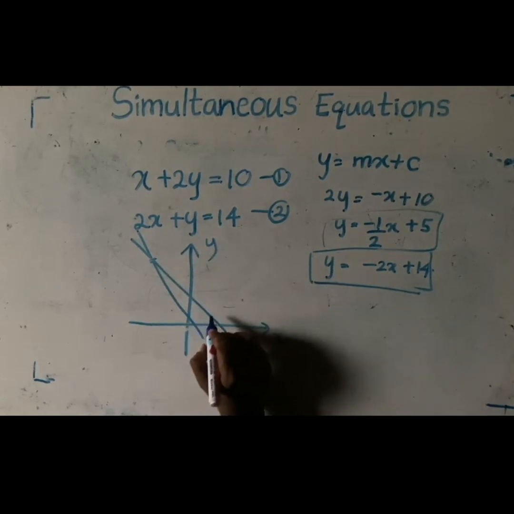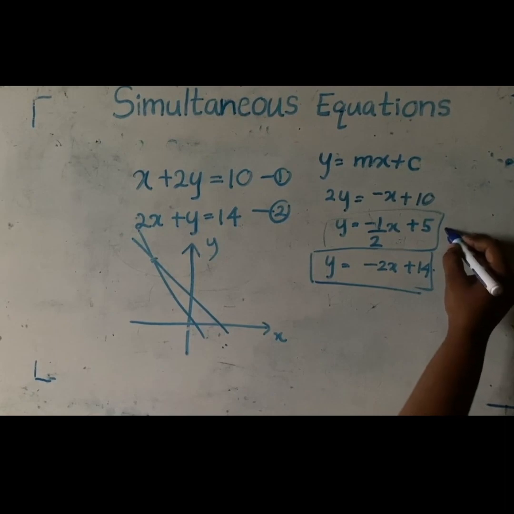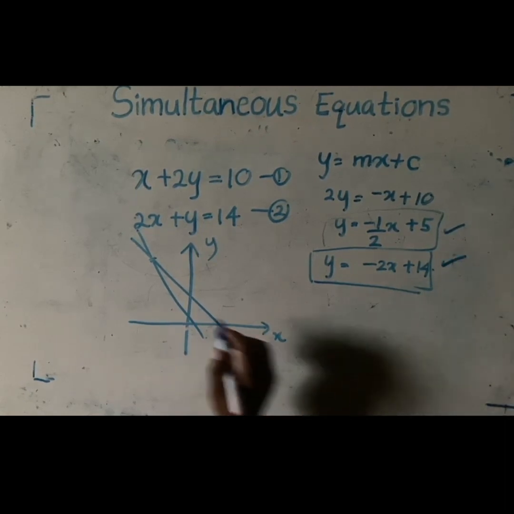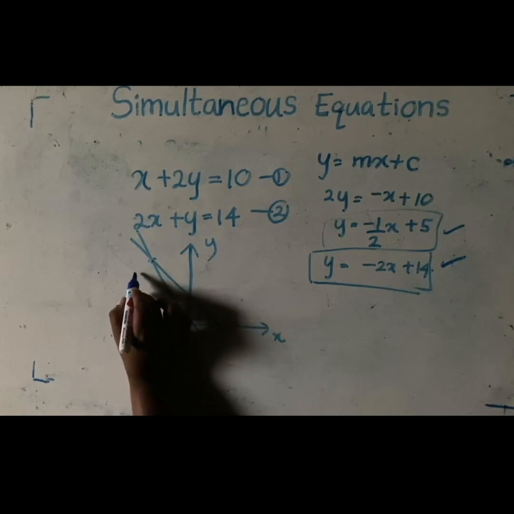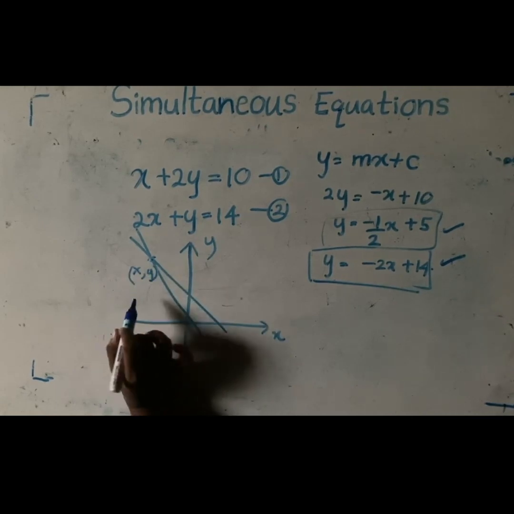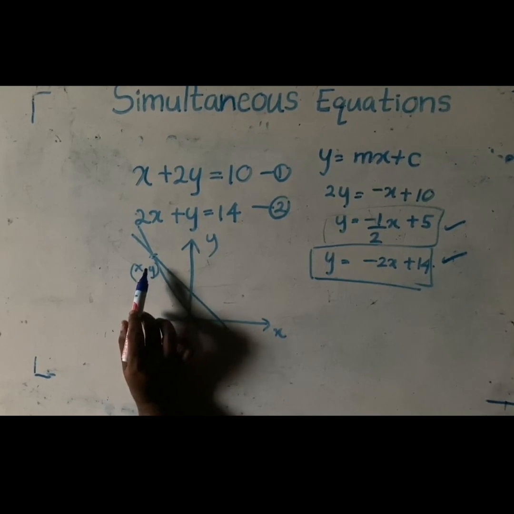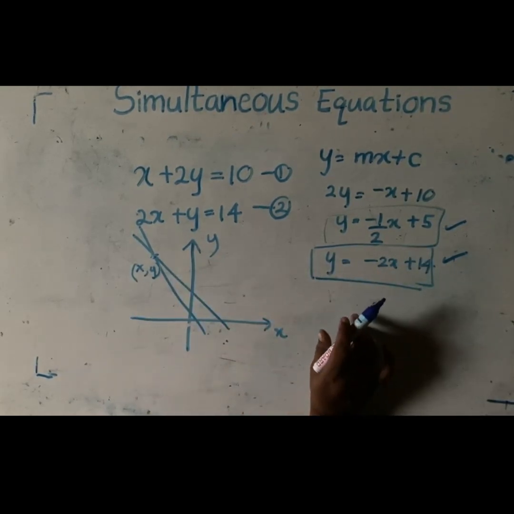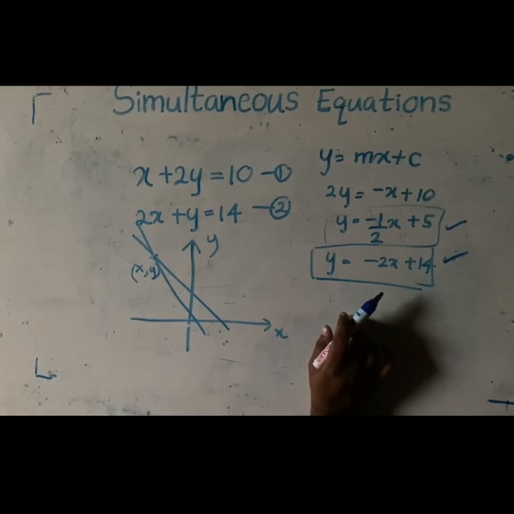If these two lines are the graphs of these equations, then here the intersecting point is there. Here x coordinate and y coordinate are there. When you get the x coordinate and y coordinate of the intersecting point of these two lines, these are the solutions of these simultaneous equations.